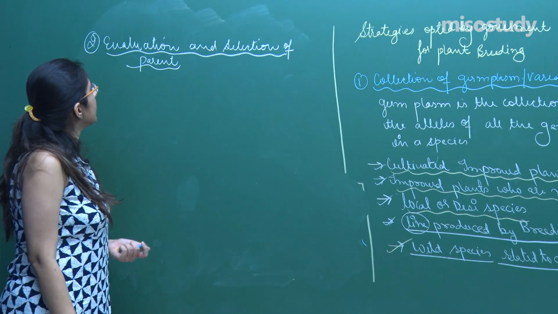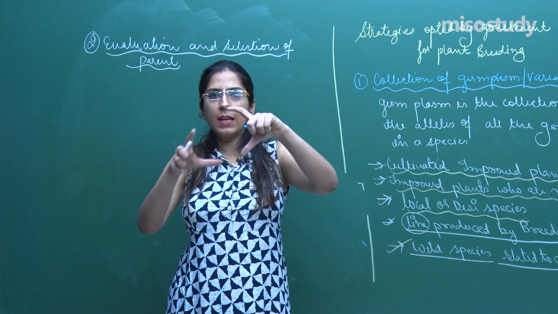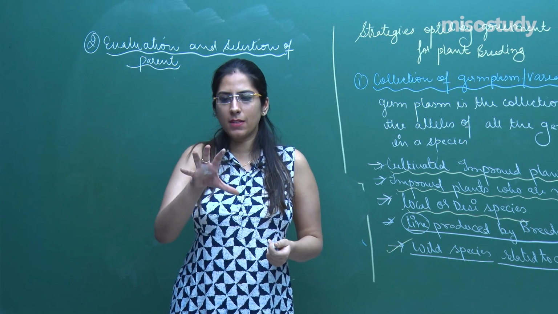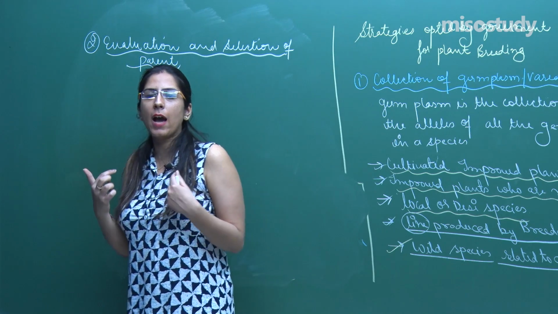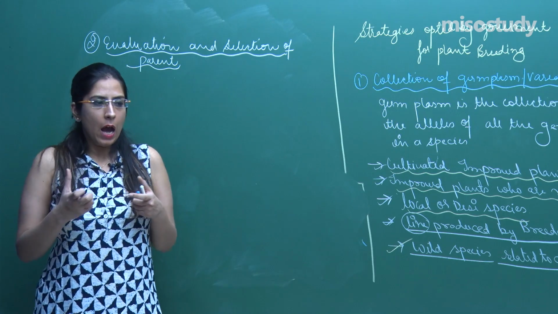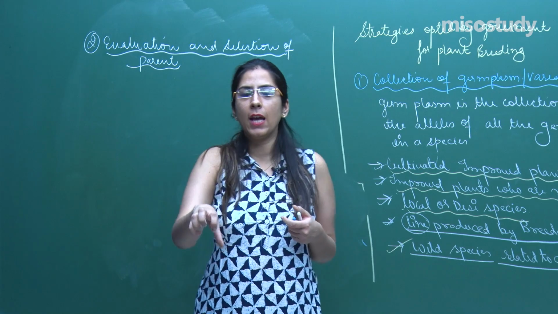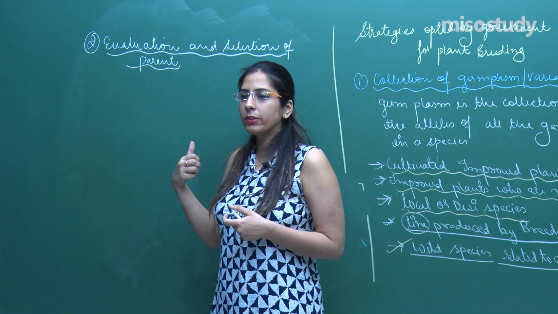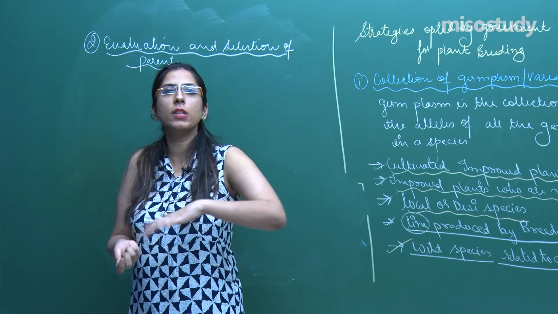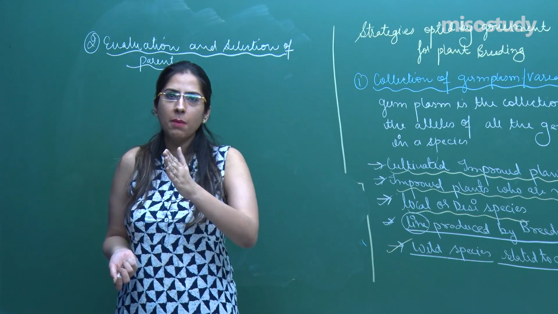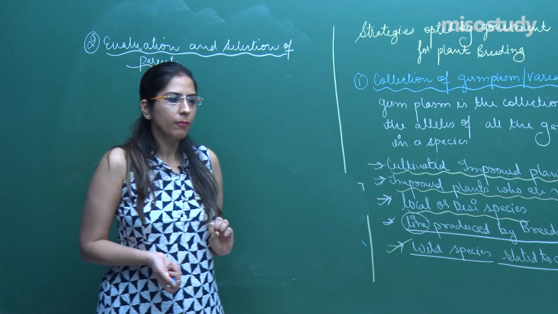Now, the second point says the evaluation and the selection of the parents. I have different alleles present in the gene, I have the different forms of a gene. From those different forms of the gene, I have to choose what will be the parents. I have to choose those characters which I want to be present in the progeny, and it's a very tedious job because we have to choose those characteristics, and later I want those characteristics to be in the pure line, and with the help of continuous multiplying, I'll get multiple copies of this.